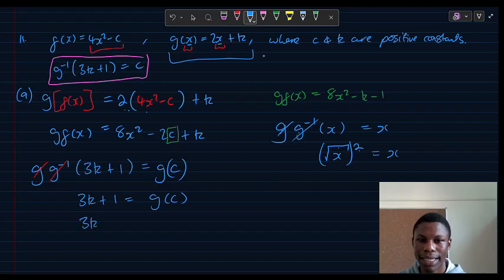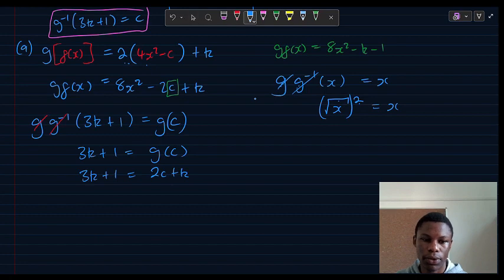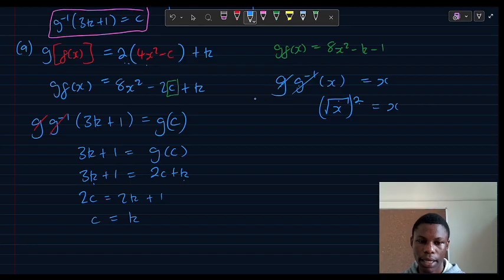So I have that 3k plus 1 is equal to 2c plus k. And now this gives me an equation in terms of k and c, which therefore allows me to find an expression for c in terms of k. So I can say that 2c is equal to 3k minus k, which is 2k, plus 1. And I can say that c is equal to, divide both sides by 2, k plus 1 over 2.